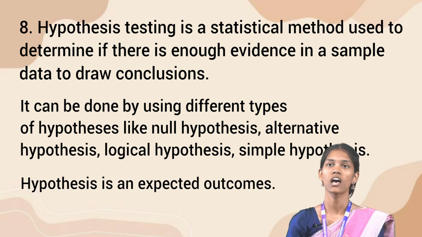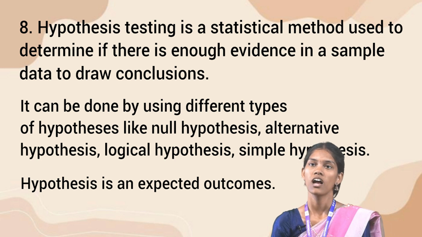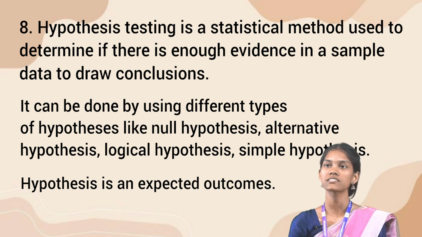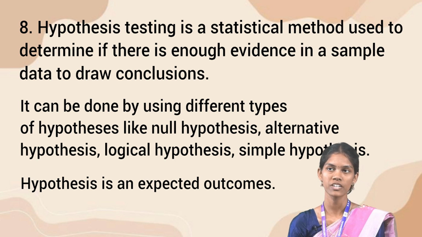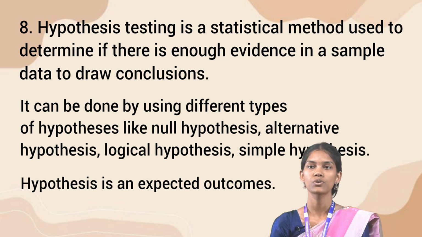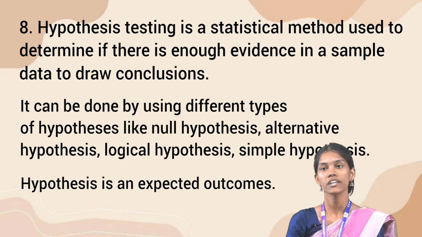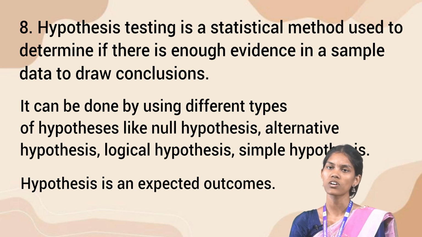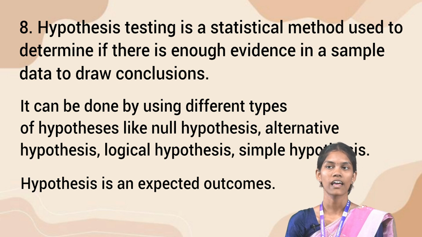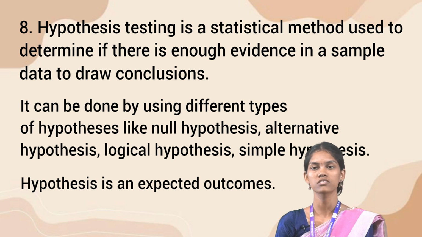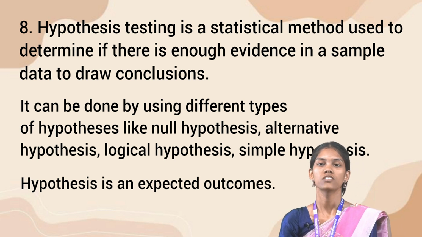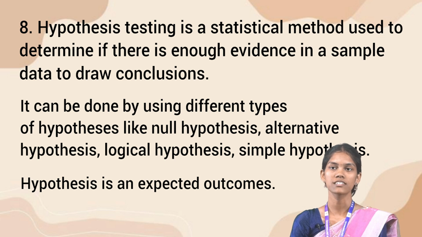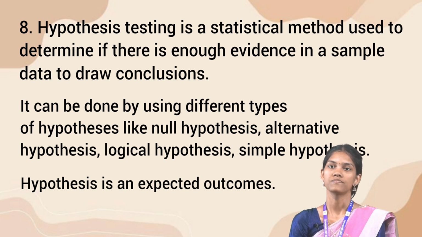Next topic is hypothesis testing. Hypothesis testing is a statistical method used to determine if there is enough evidence in the sample data to draw a conclusion. It can be done by using different types of hypotheses like null hypothesis, alternative hypothesis, logical hypothesis, simple hypothesis. A hypothesis is nothing but an expected outcome.